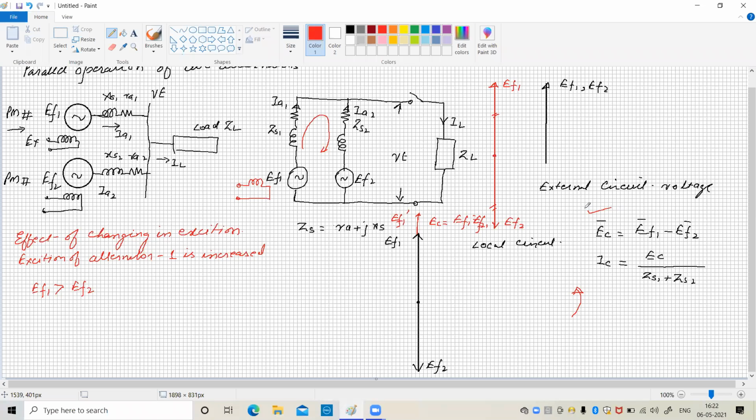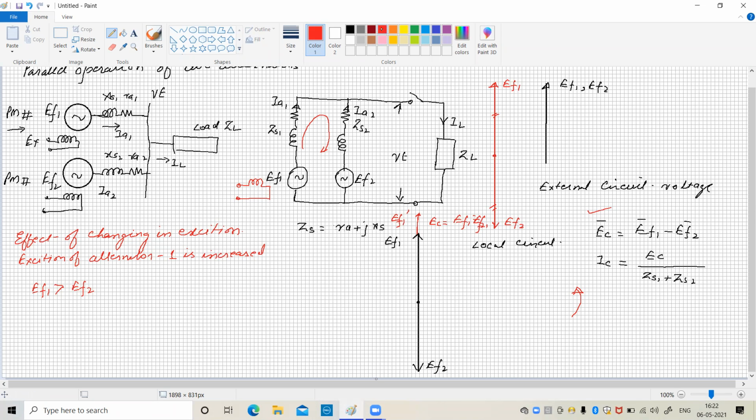Therefore some difference of voltage is going to exist in the local circuit, and this local circuit will circulate the current IC, which is equal to EC divided by ZS1 plus ZS2. But where will be the IC? Definitely it is lagging by 90 degrees with respect to the voltage EC.